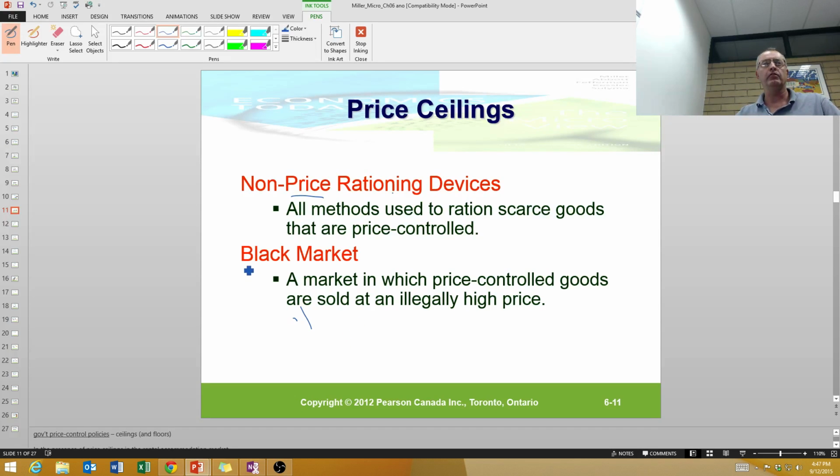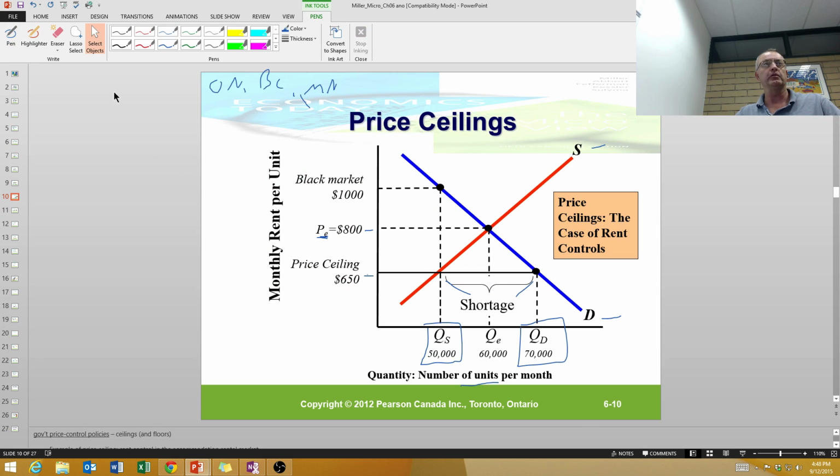And then the third way is the development of so-called black markets. This has different names in different places, but sometimes you hear about key money. You'll hear about this in Ontario. So the landlord is restricted to charging $650 a month. But the tenant is willing to pay more, but the government says, no, you can't spend your money the way you want.